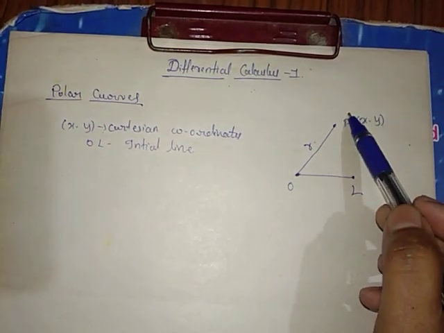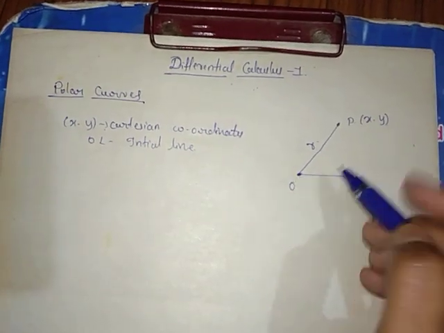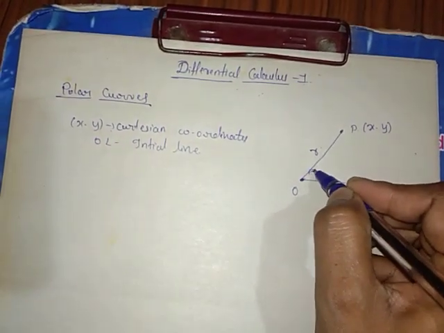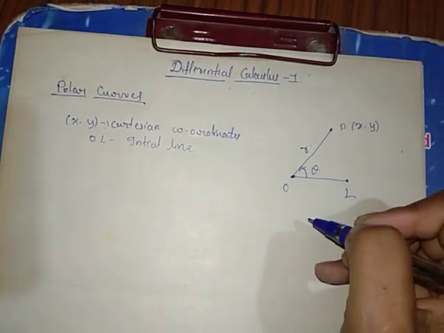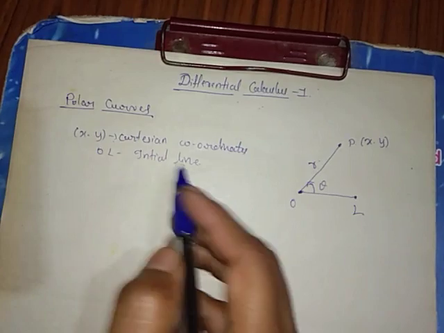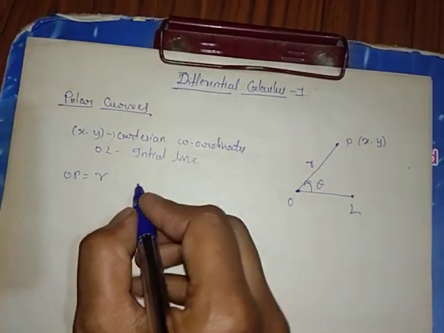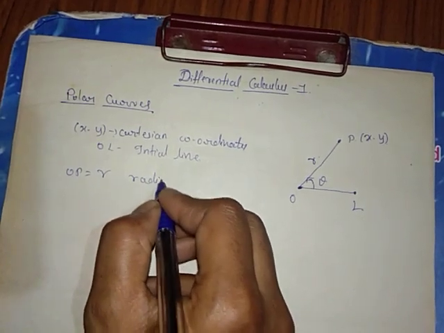Join the points O and P, with the result that an angle is formed at O. In the anti-clockwise direction we measure it as theta. The length of OP will be denoted as r. OP equal to r is called the radius vector.